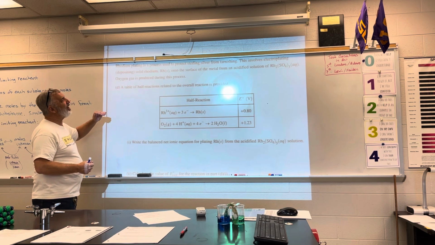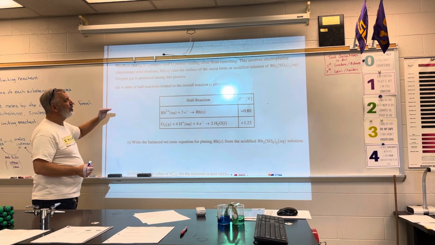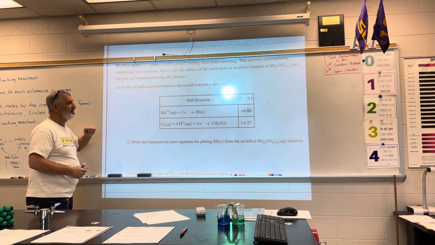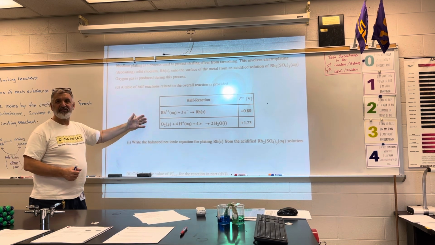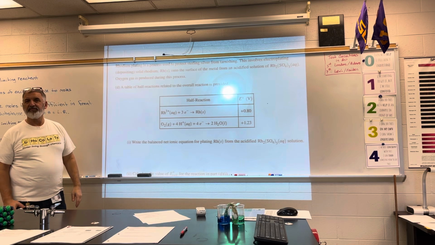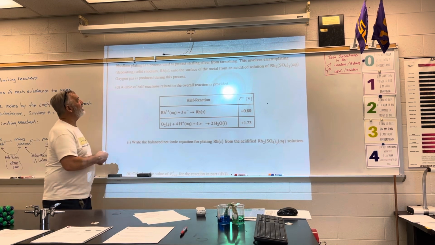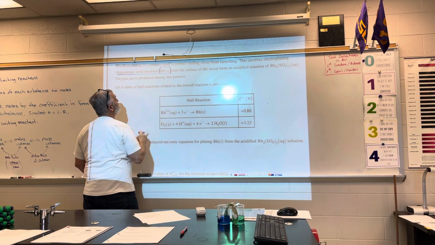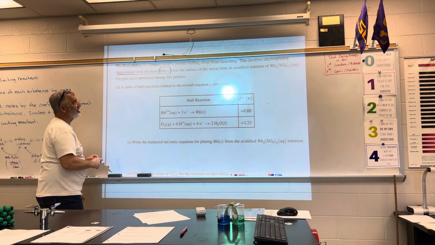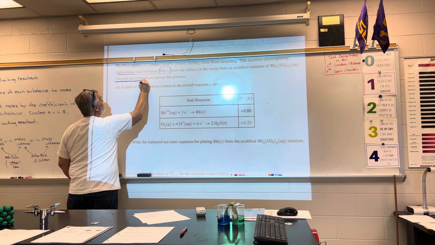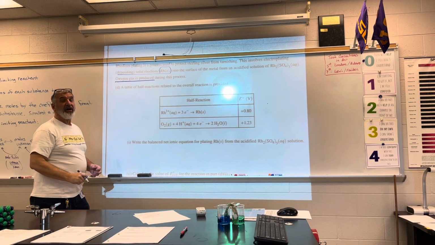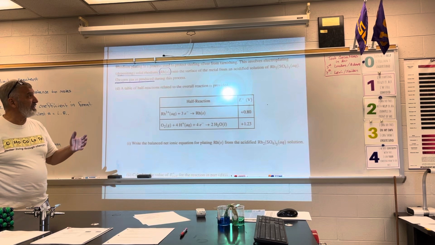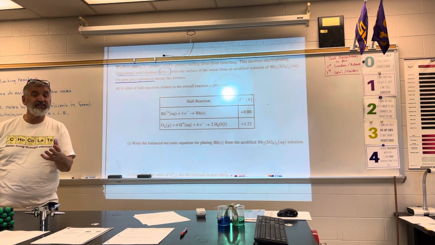Now, how did we know which one was being reduced and which one was being oxidized in this? Well, you said deposited solid. Okay, so it's saying deposited solid rhodium. What else? And then oxygen gas is being produced. A third factor is that this is electroplating, this is electrolysis.